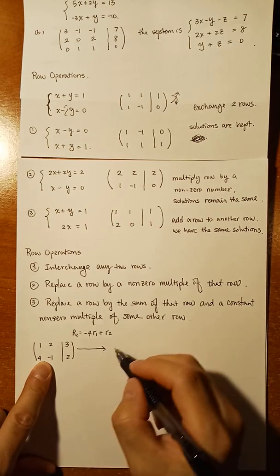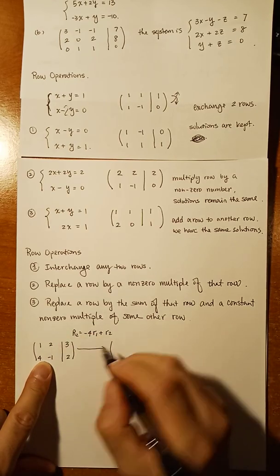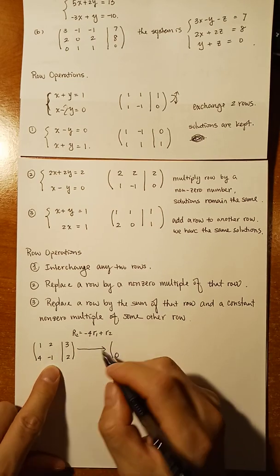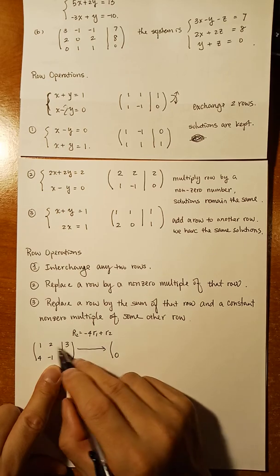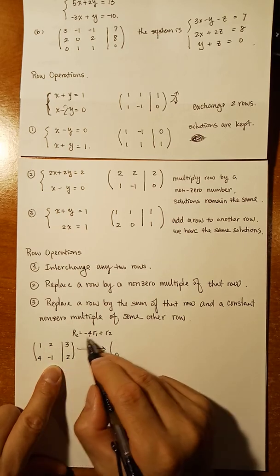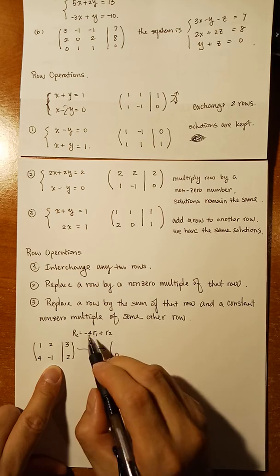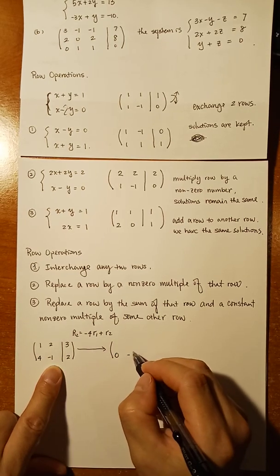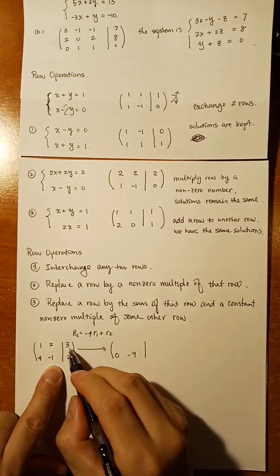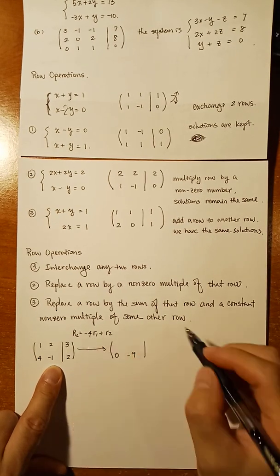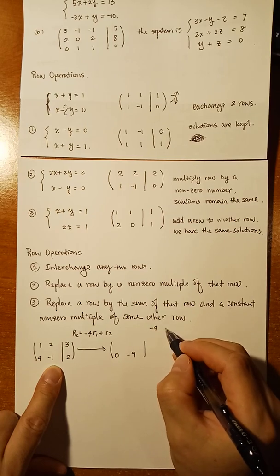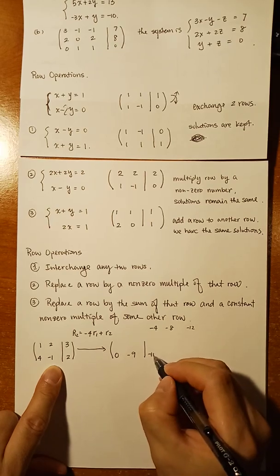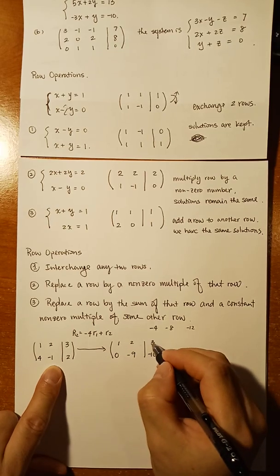It is not an equal sign, it's an implication. So 1 times -4 is -4, plus 4 is 0. You have to multiply every number in this row by -4. -4 times 2 is -8, plus -1 is -9. 3 times -4 is -12, plus 2 is -10. The first row is unchanged.